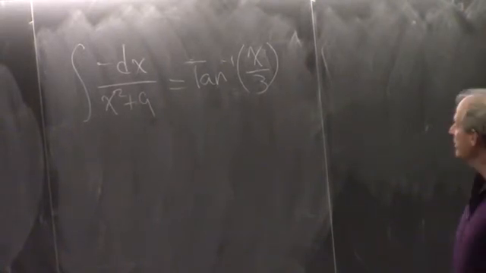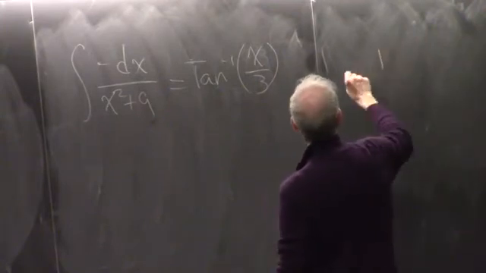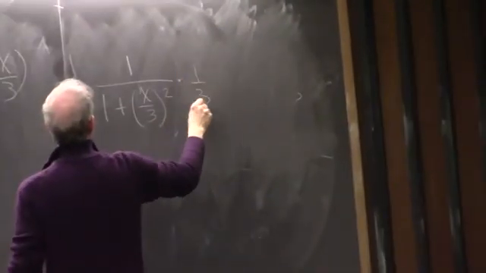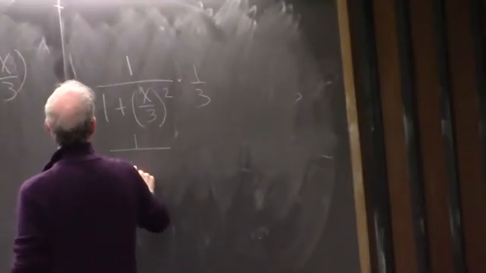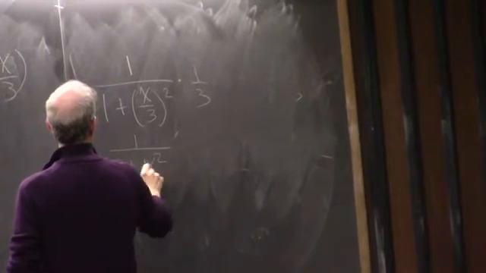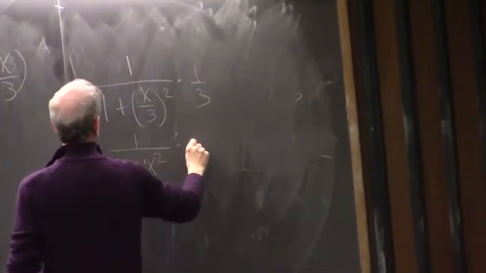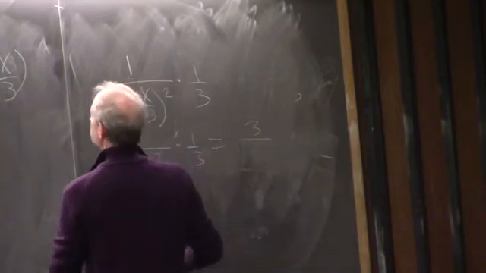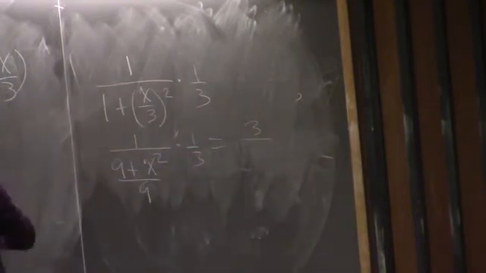That's right. Am I missing a third? Let's see, that's 1 over 1 plus (x over 3) squared. And the third, 1. It's 1/3 tan inverse.